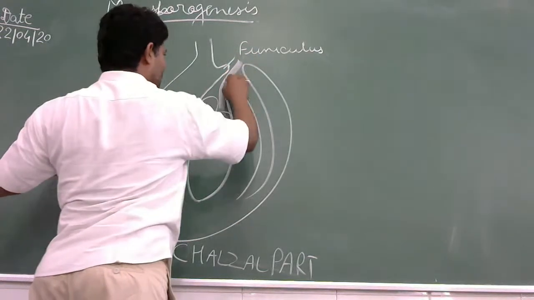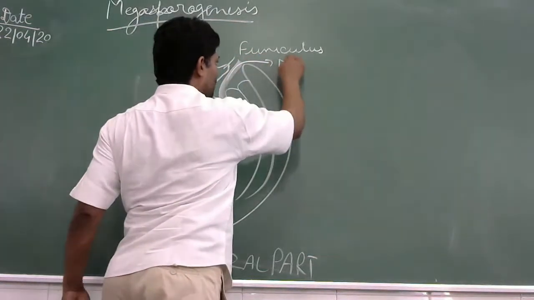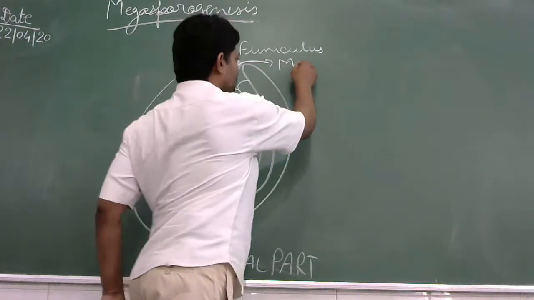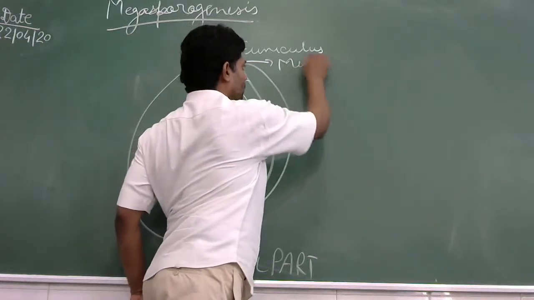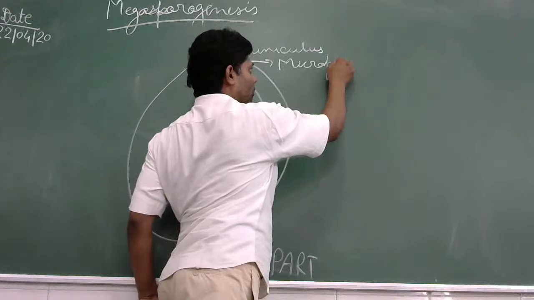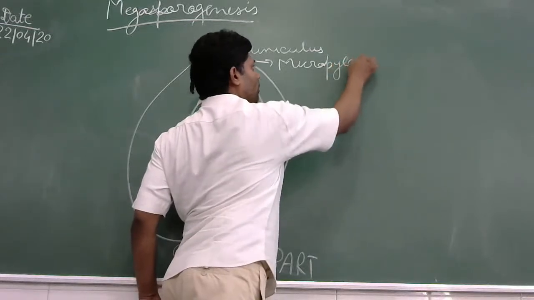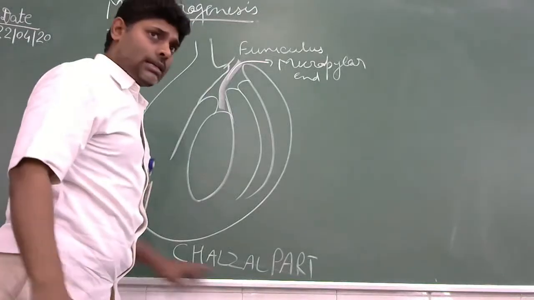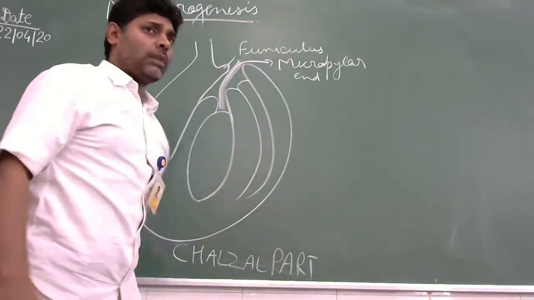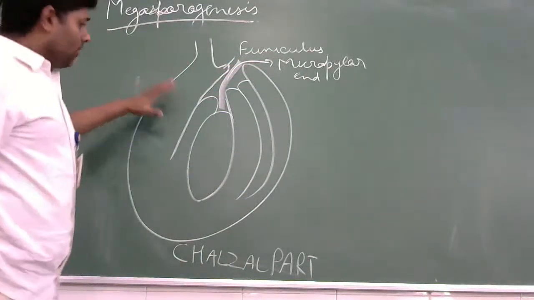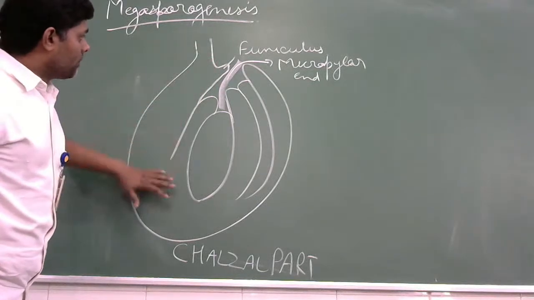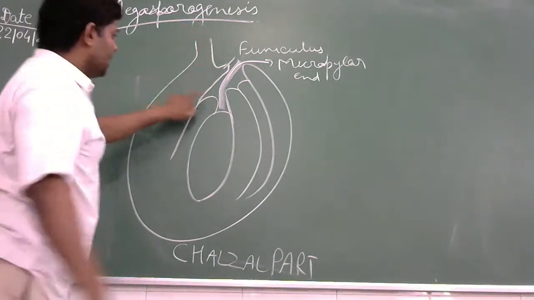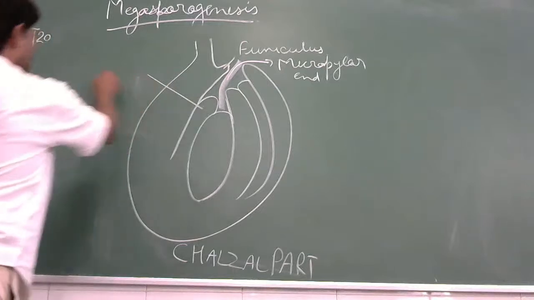And this portion is the micropylar part. As this is the chalazal part, this is the micropylar part. Further, we will study the different parts. This is the funicle. This is the hilum.